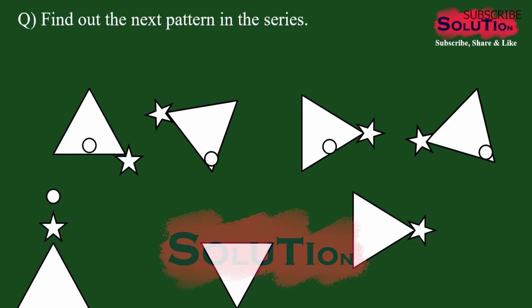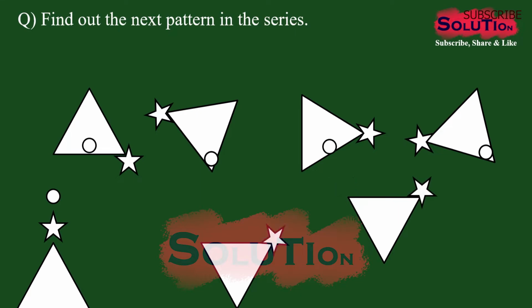Let us check the fourth figure. Again, you see the star is not in that point. That means we have to move the star to the next point in the clockwise direction. So in the fifth figure, we are expecting something like that, but we have to move the star. So this is my final fifth figure with star and triangle.